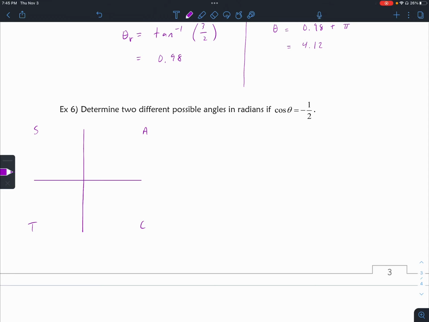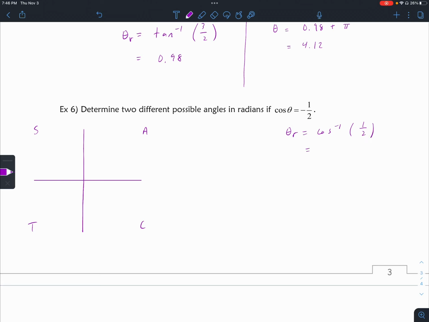Okay, now by looking at the special triangles, you can kind of figure out what the related acute angle is here. But an easy way to do it, if you really have no idea, is just to do cosine inverse. Make sure you do positive 1/2. Don't put the negative sign.